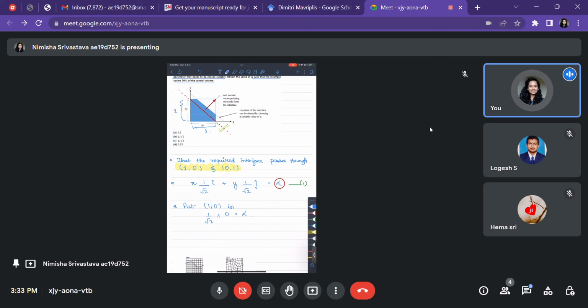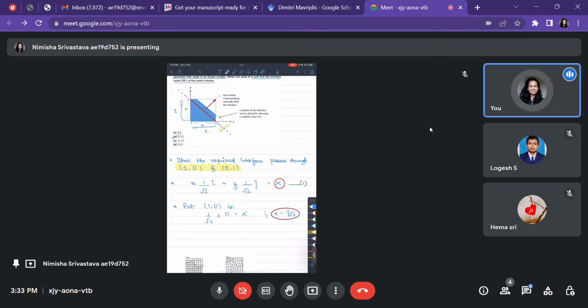So from here we know that alpha should be equal to 1 by under root 2. If you even chose the other condition, wherein you put 0 comma 1 into this equation, then also you will get the same answer. So this is what you require. So you have your answer over here.